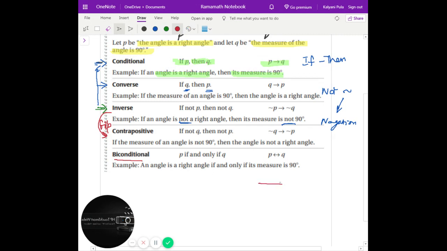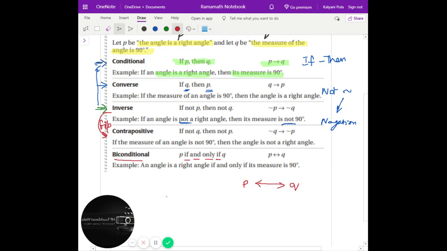You see the arrow on both sides, with P and Q, and you write it as if and only if. That's called the biconditional. Basically that's the entire thing we learned, but we're putting it in this format so we can review it. Next we're going to add the truth tables.